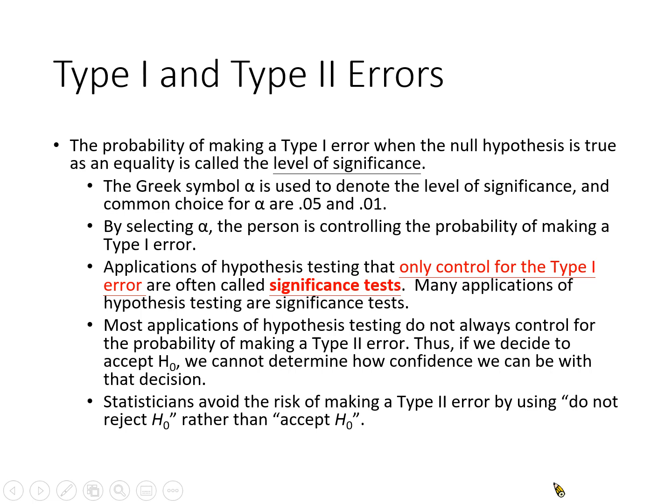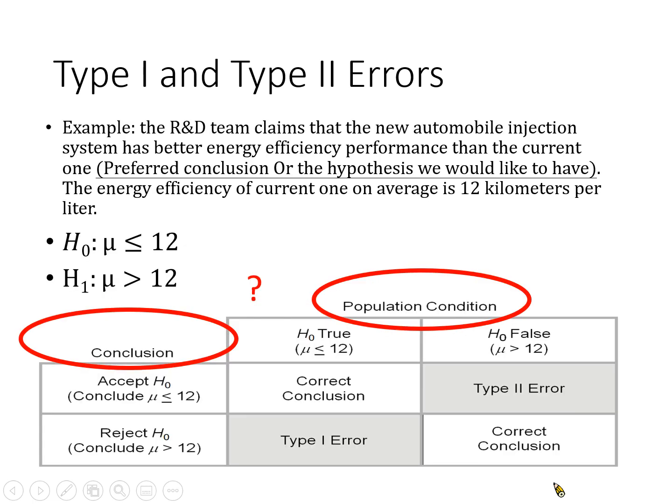For example, for the type 2 error, if we say someone is a good guy or guilty, the population condition for the type 2 error may be that the person is guilty, but your conclusion says he is a good guy. Then you need to find many proofs or evidence to say such a person is a good guy.